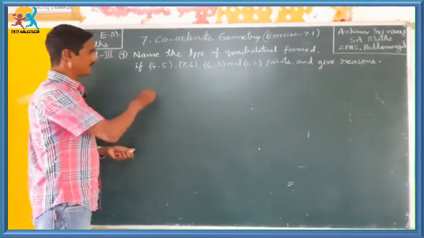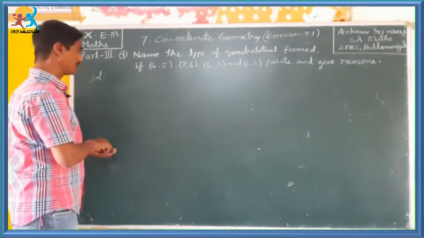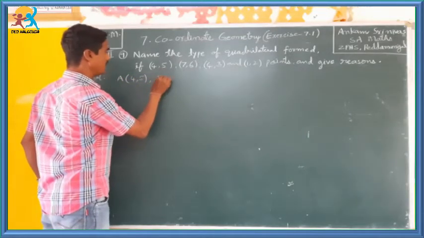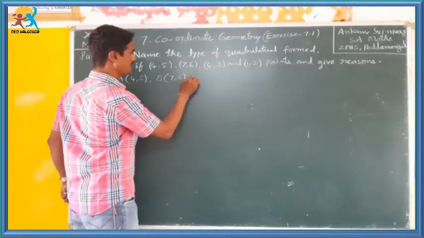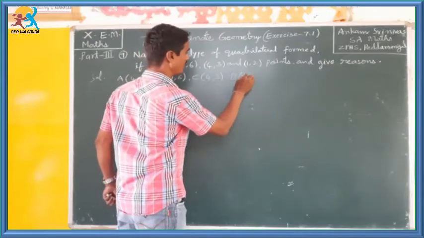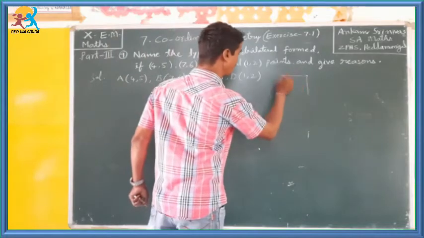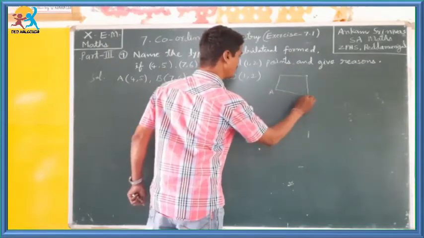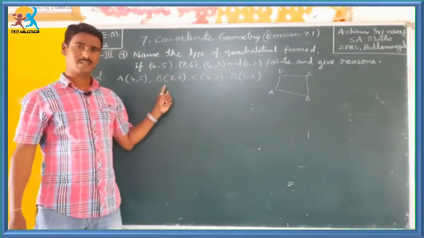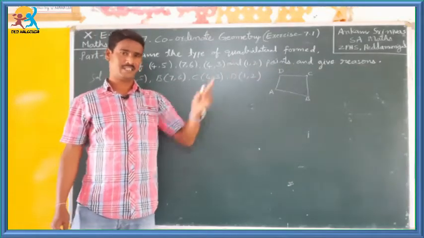Now assign the given four vertices as A (4,5), B (7,6), C (4,3) and D (1,2). You can draw the quadrilateral ABCD.